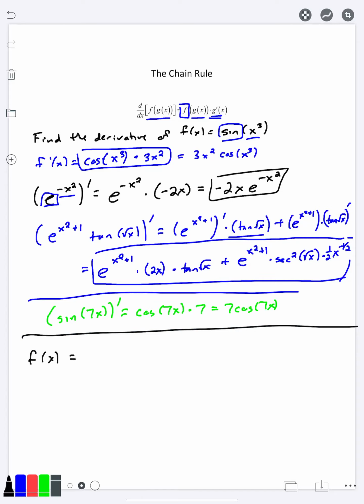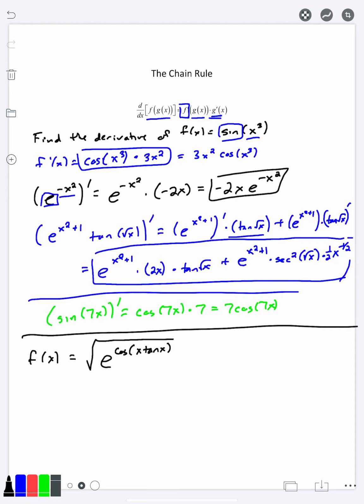We're going to find the derivative of the square root of e to the cosine of x tangent x. So you see we have all sorts of things inside of each other.